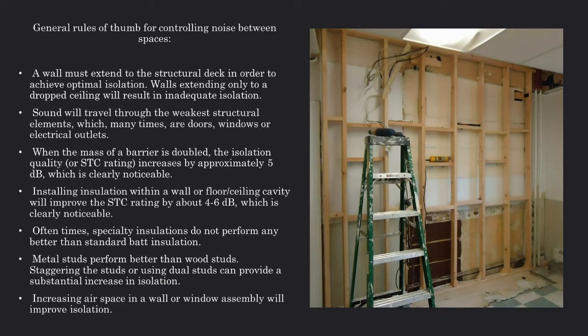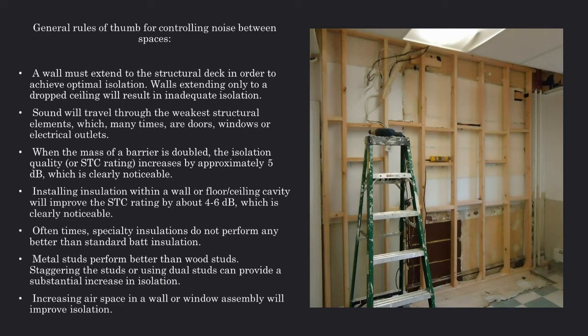Sound will travel through the weakest structural elements, which many times are doors, windows, or electrical outlets. Number 3. When the mass of a barrier is doubled, the isolation quality or STC rating increases by approximately 5 decibel, which is clearly noticeable.